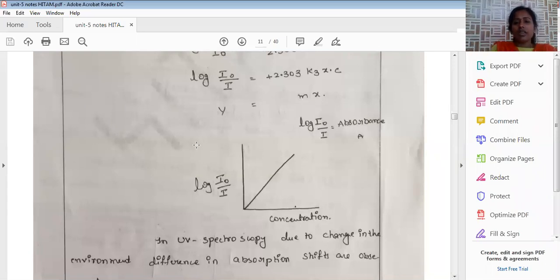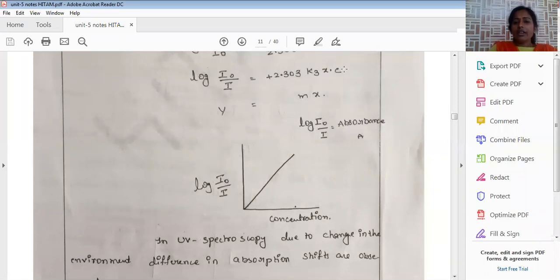The equation is given as I is equal to I naught into e to the power minus k2c, where k2 stands for Beer's law constant and c is the concentration of the solution. When we combine both equations and apply the logarithmic value, the final equation will be log I naught by I is equal to 2.303 k3xc.